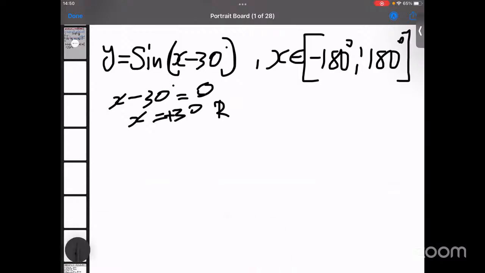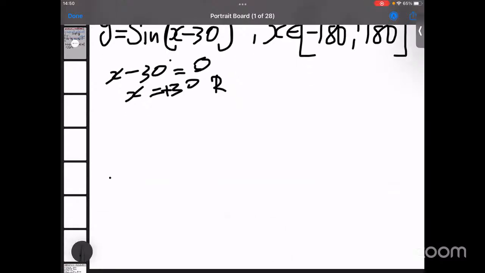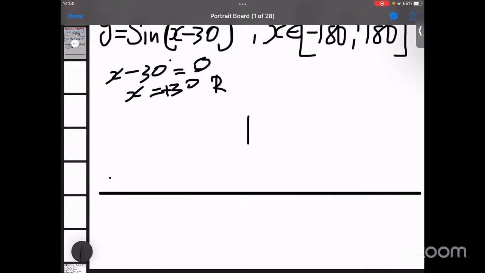So let's now do our Cartesian plane. You can just split it in the middle like that, where you say, okay, this is my value of 1, and that one there is the origin.